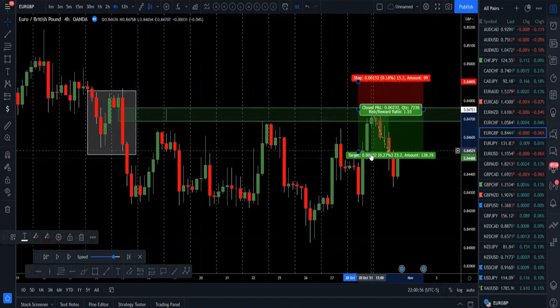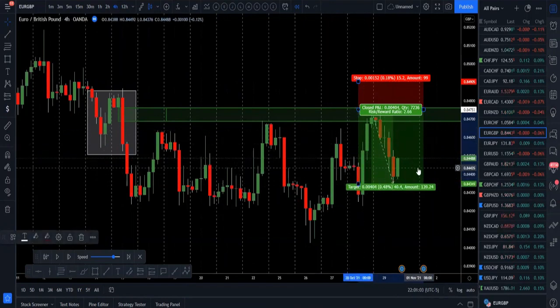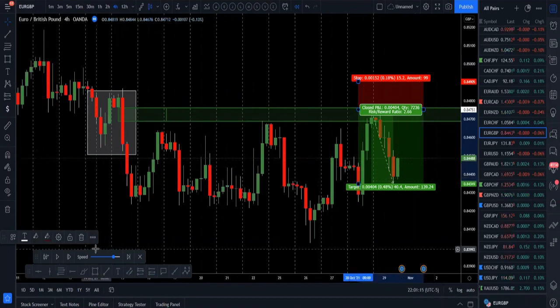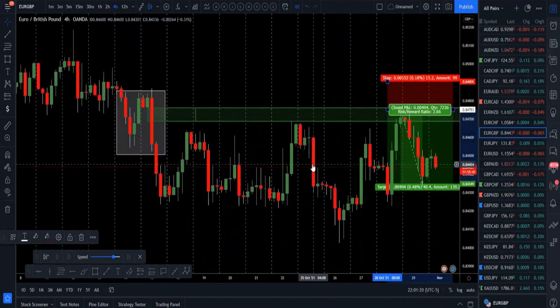It had a 15 pip stop loss, and then price goes down 40 pips, and you have an almost 3-to-1 trade right there, just using proper risk management and accurate entry points. So you would have had a great area to trade, and you would possibly still be in that trade, or partially in that trade, because you had your take profit hit, and you would have had a great trade.